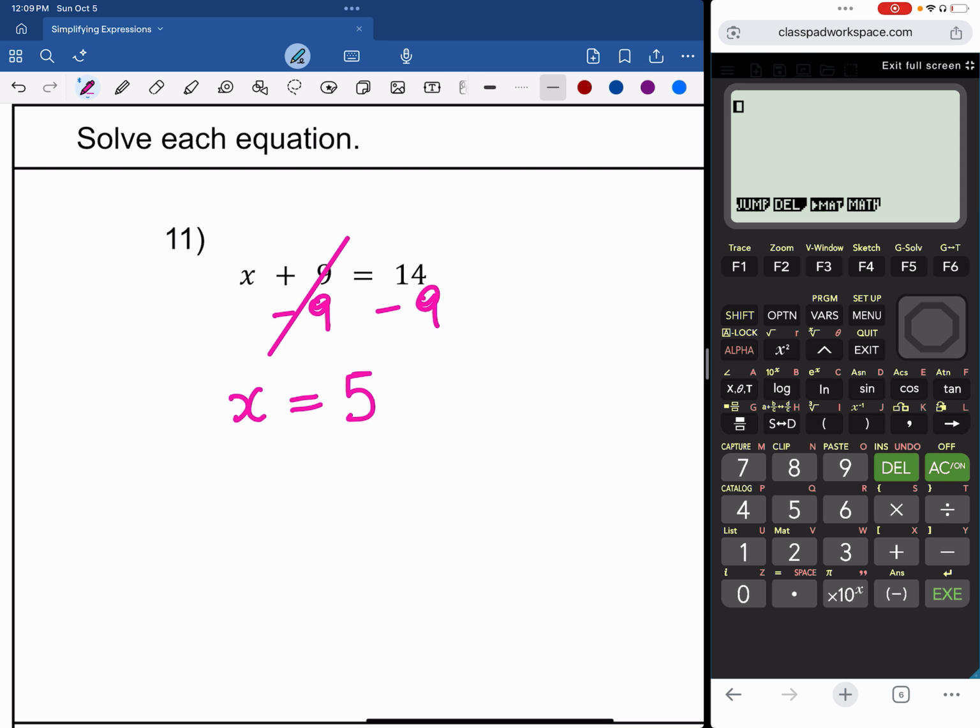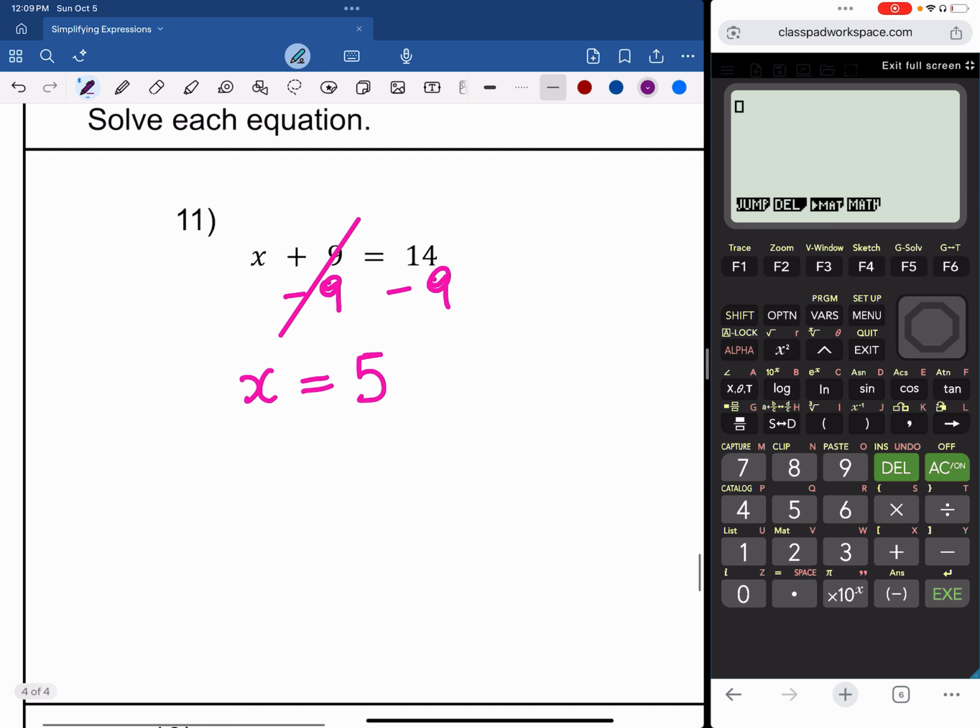If we check this, right, if we went back and substituted 5 for x in our original equation, we would see that we would get an answer of 14. Just for practice, we'll substitute it here. So our original equation was x plus 9 is equal to 14. We just solved and found out that x is equal to 5.